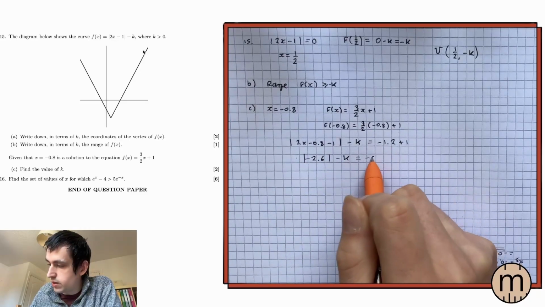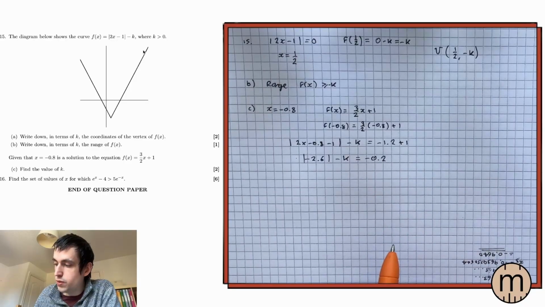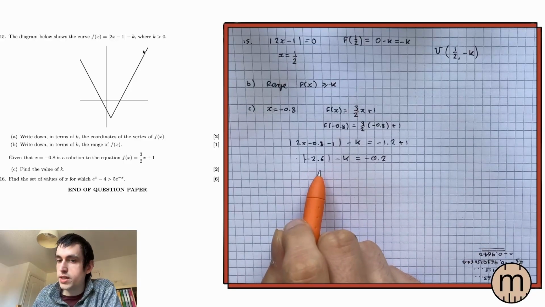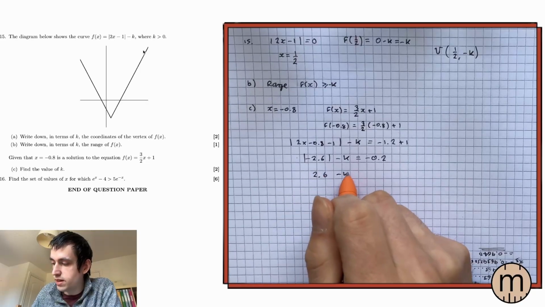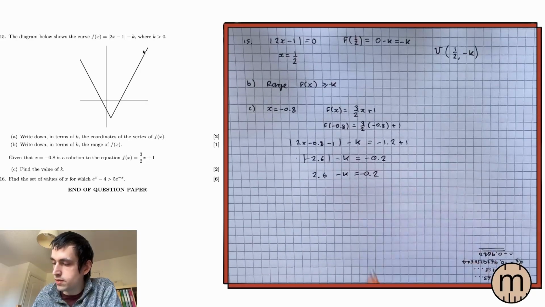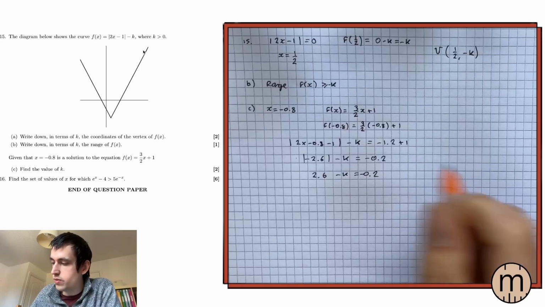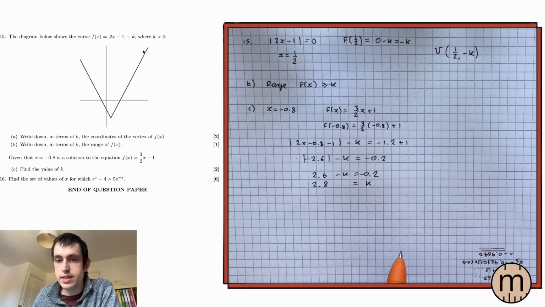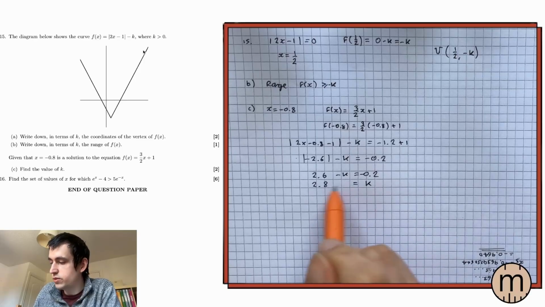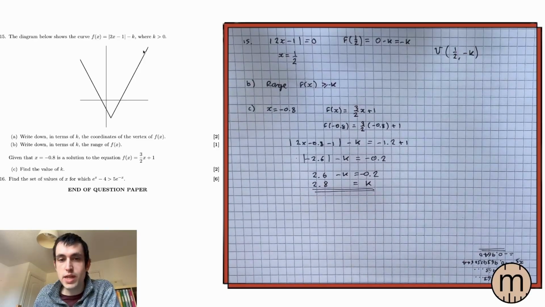And then if we add that, we get minus 0.2. But this is the modulus. So the modulus of a negative is a positive, like this. And then what can we do to both sides? We can add 0.2. And we can add k. So we get k is equal to 2.8.